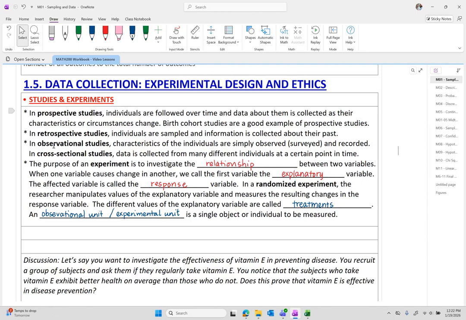In an observational study, characteristics of the individuals are simply observed and recorded. Of course, this could be a prospective study or a retrospective study, where we are just looking at what's happening and we are collecting the data. In cross-sectional studies, data is collected from many different individuals at a certain point in time. There is one particular type of study, however, which is called an experiment.